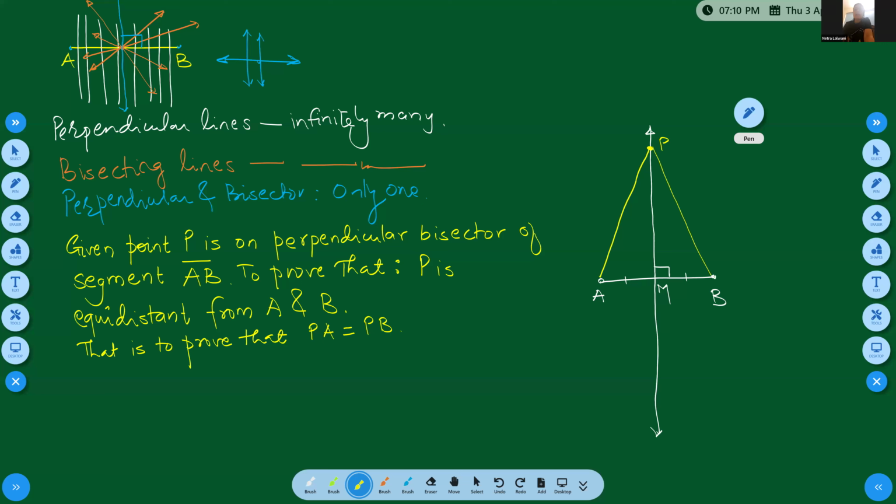Sir, by SAS, the triangles APM and BPM are congruent. You are supposed to write and show it to me. Sixth lecture today.